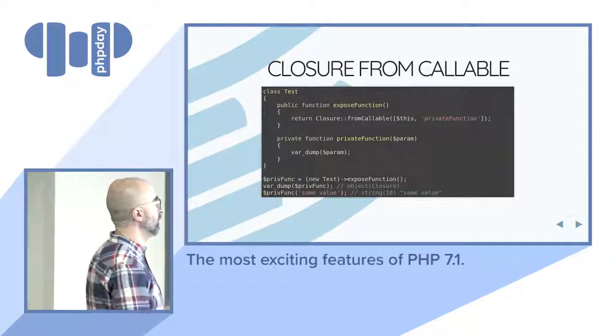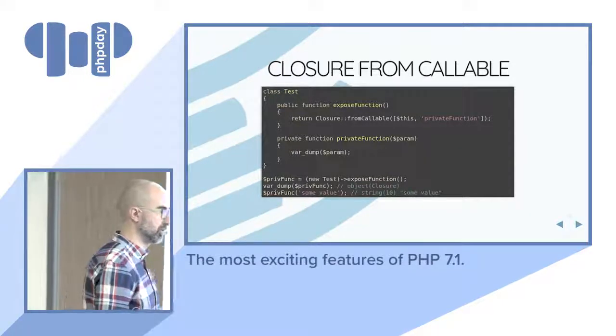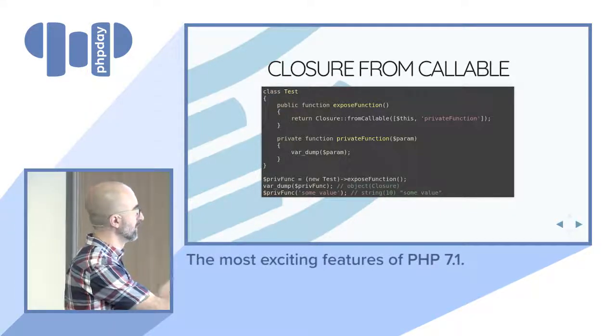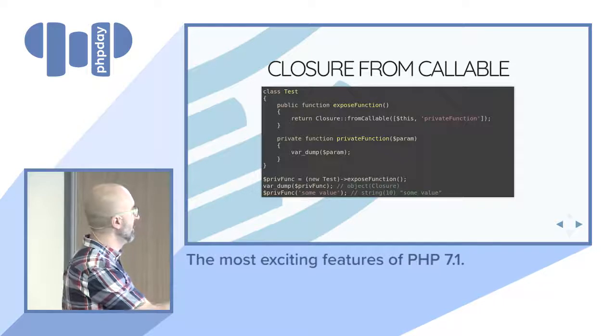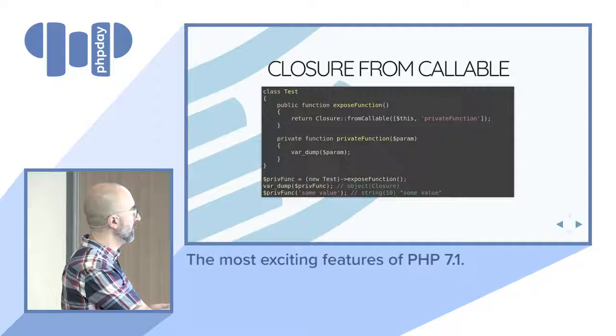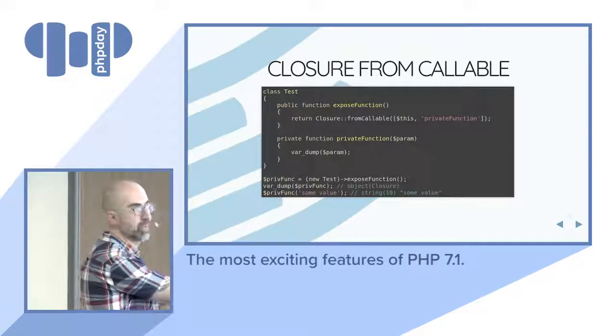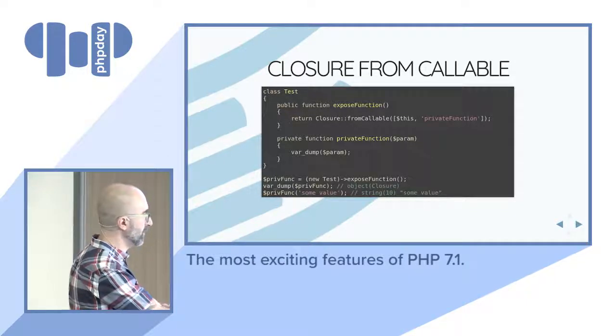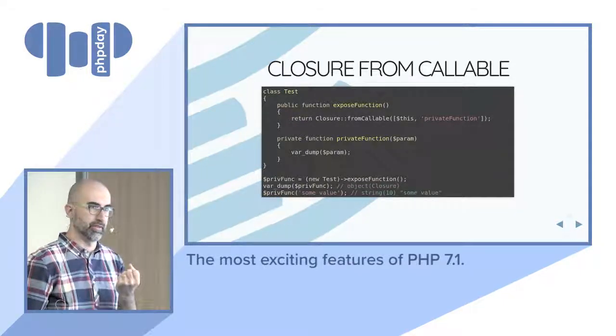And you want to create a callable of this function. So you have a public function, expose, that returns a callable starting from the private function. If you execute this code, you get a callable of the real private function of the class. If you var_dump it here, you will get a closure. So this is not an object itself, it's a closure.